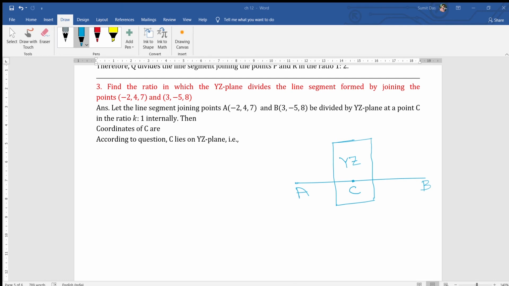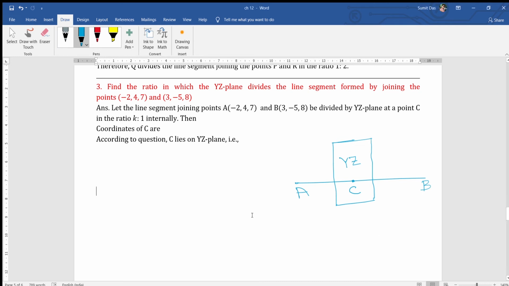Anyone else besides Liang? How many of you are here? 1, 2, 3, 4, 5, 6. Yes, the property of the YZ plane is that the x part is 0.